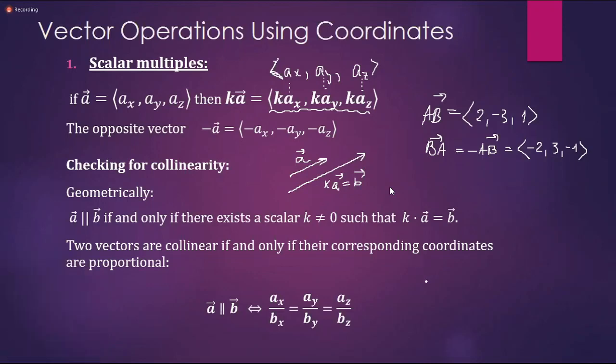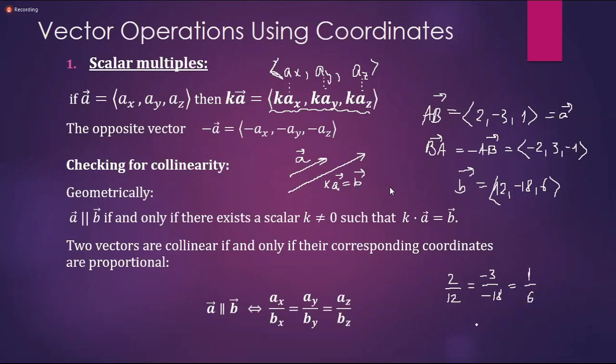For example, if this is the vector A, and we have a vector B with coordinates, let's say, 12, -18, 6. Then I can say, okay, the ratio 2 to 12, the ratio of the y-coordinates -3 to -18, the ratio of the z-coordinates 1 to 6.